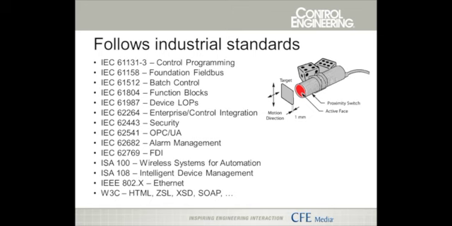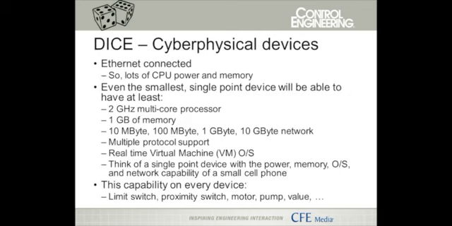So there is a long, rich history of us understanding what it takes to do industrial control, and we're going to use that long history as we move forward to these intelligent devices to put many of the concepts that are in there into these very small, very distributed devices that are out there. There is a term that's being used in the Internet of Things, and they're calling things cyber-physical.